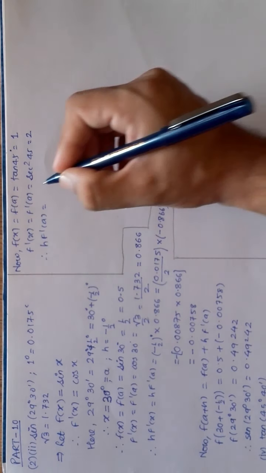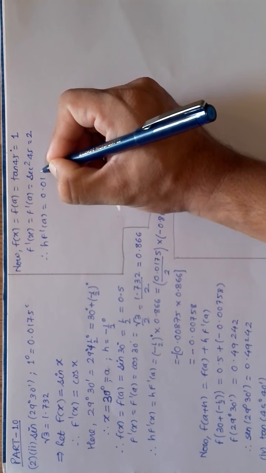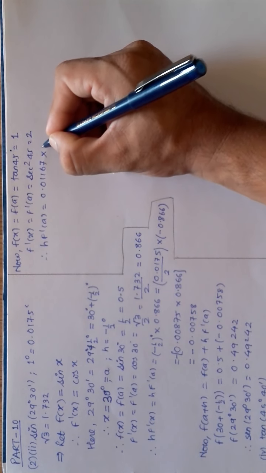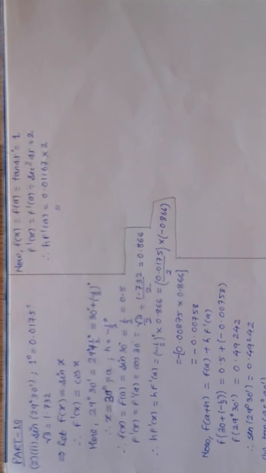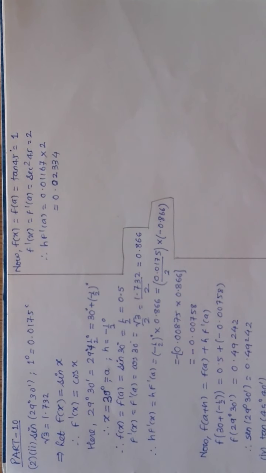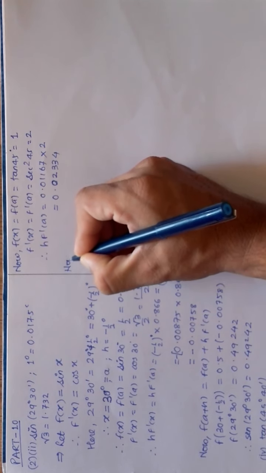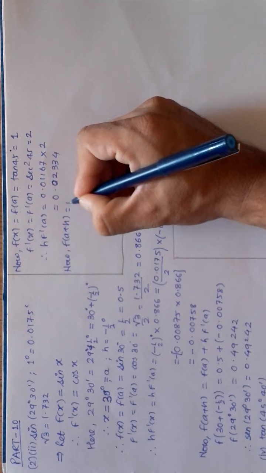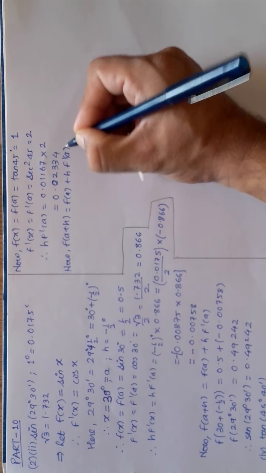Now you get here h into f dash a. That h of yours is 0.01167 into f dash a, which is 2. So when you multiply this, you get 0.02334. Now you know the approximation formula: function of a plus h is equal to function of a plus h into derivative of a.